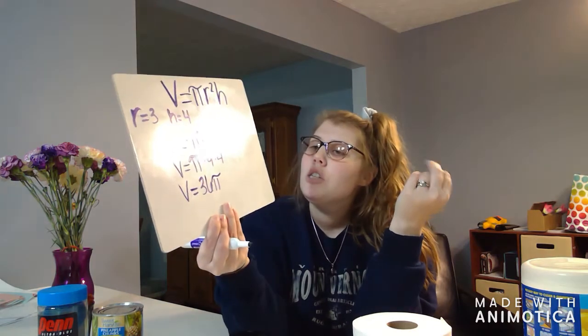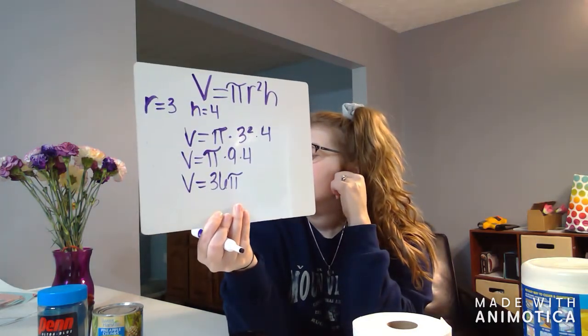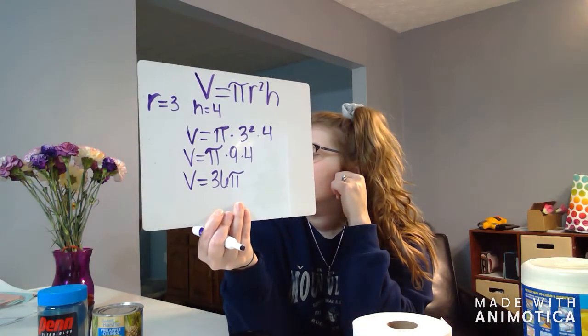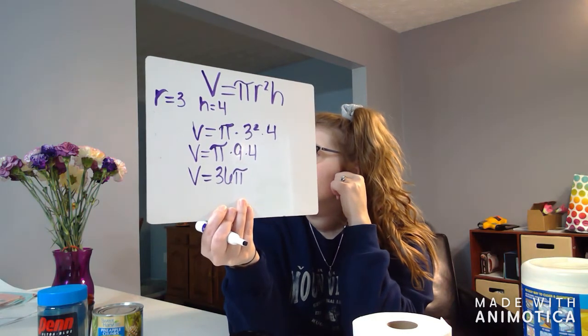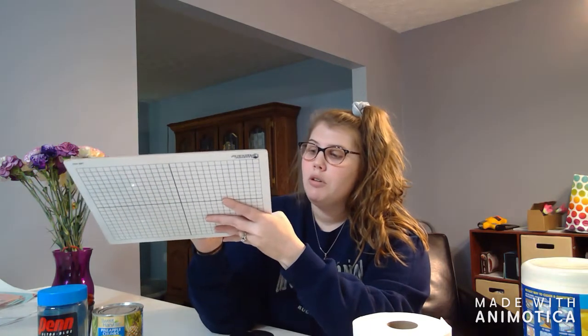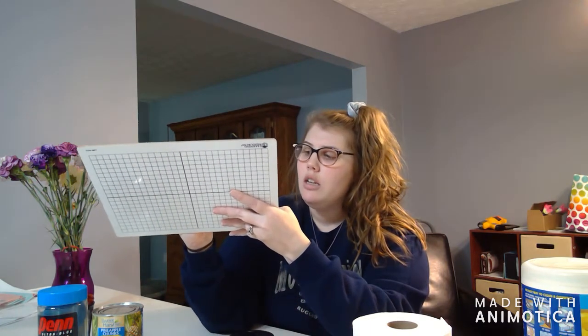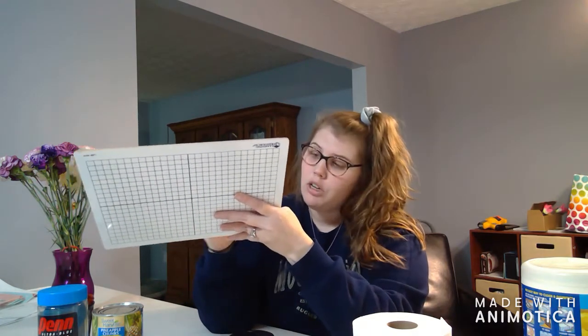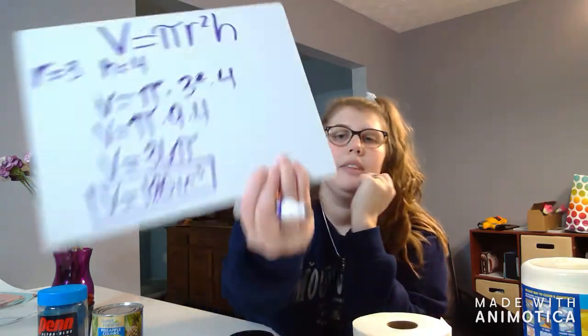Alexa, what is 36 times pi? 36 times 5 is 180. Usually there's a decimal. But all we're going to put is volume equals 180 inches cubed. Since we are working with the volume, it is going to be cubed.